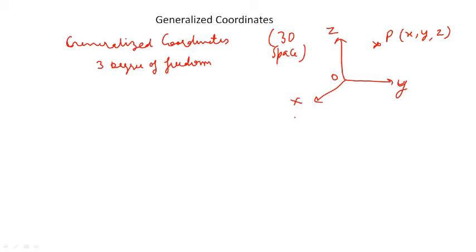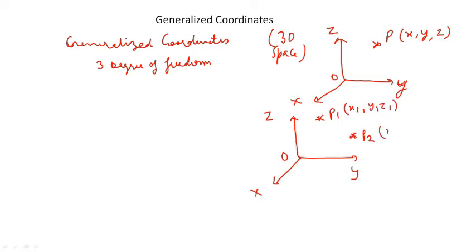Now if I say that there are two particles which are freely moving in three-dimensional space, suppose it is particle P1 and it is particle P2. It has the Cartesian coordinates x1, y1, z1, and it has the Cartesian coordinates x2, y2 and z2.